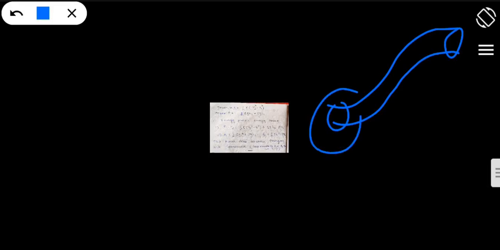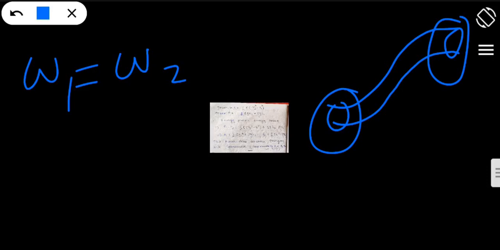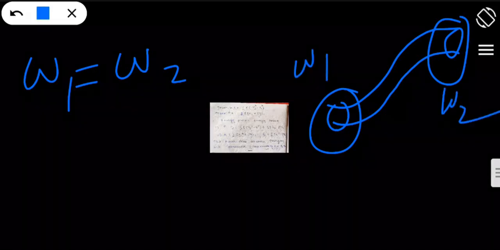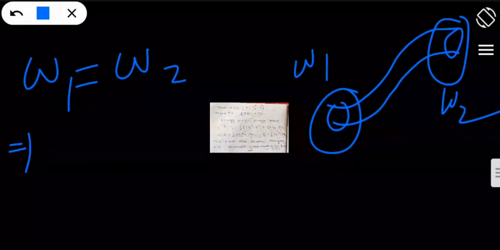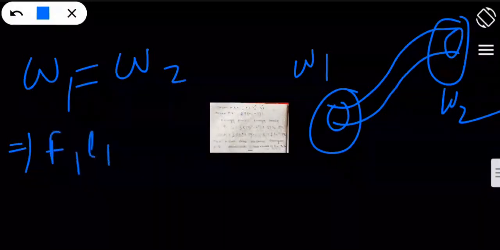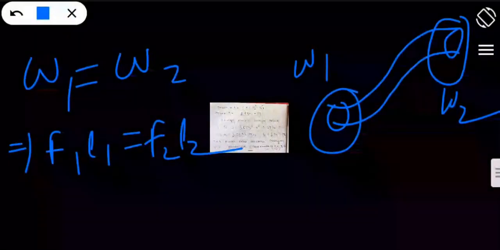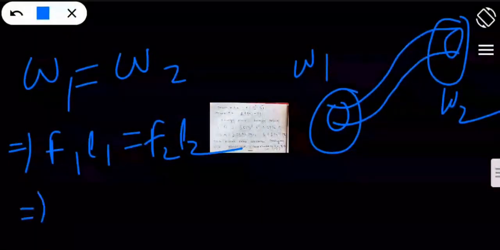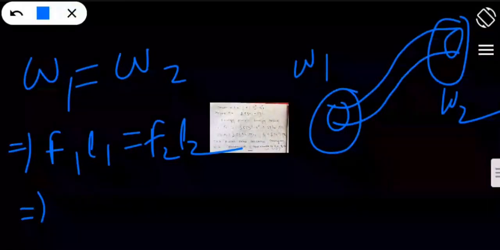That means in this section of the pipe, I can write work done at this point is equal to work done at this point, W1 equal to W2. So what is the W1 formula? The work done formula is force into displacement. So let me write it as F1 L1 equal to F2 L2, right? Now let me write this in the form of pressure and area.